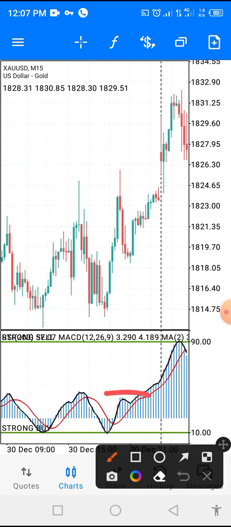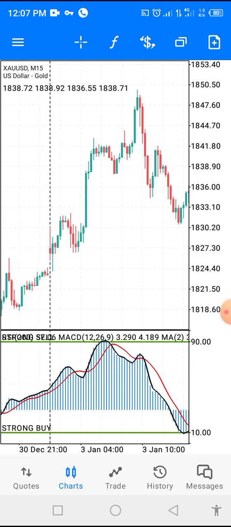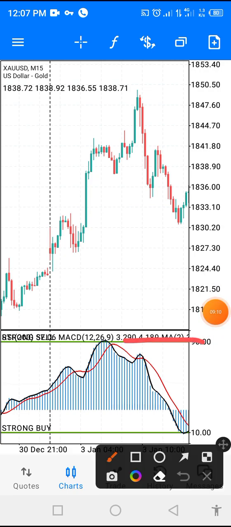And likewise too, when the market goes up to the level of 90, you have to be patient and wait for the moving average to cross over the MACD.